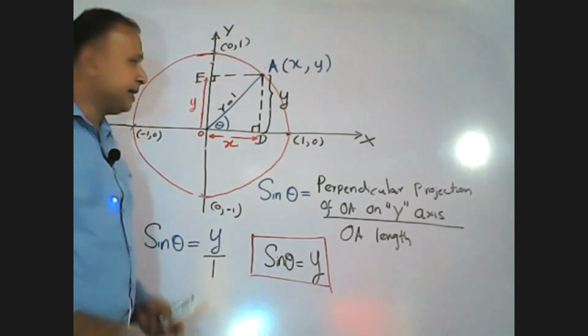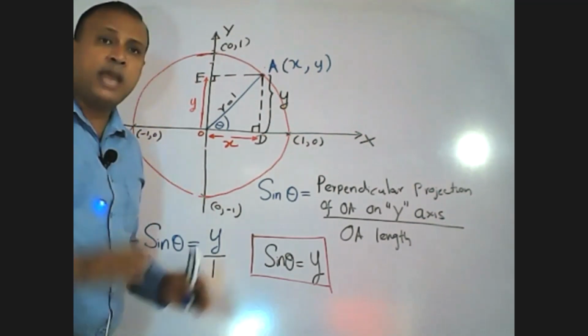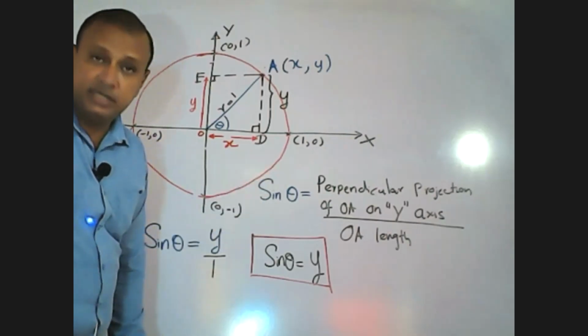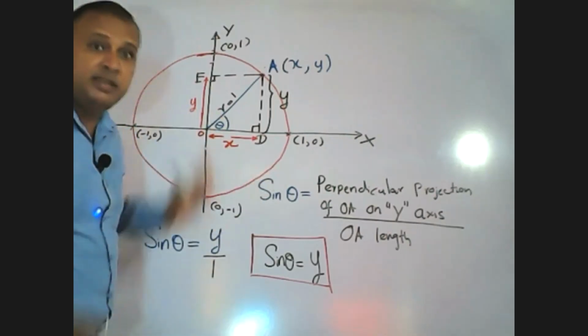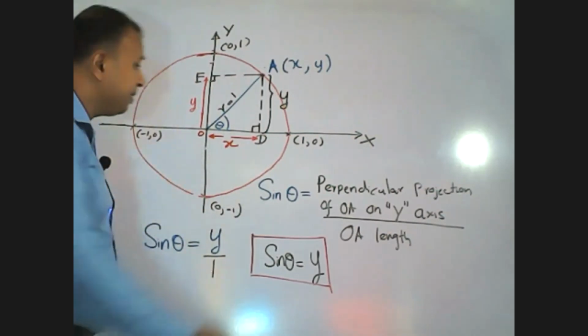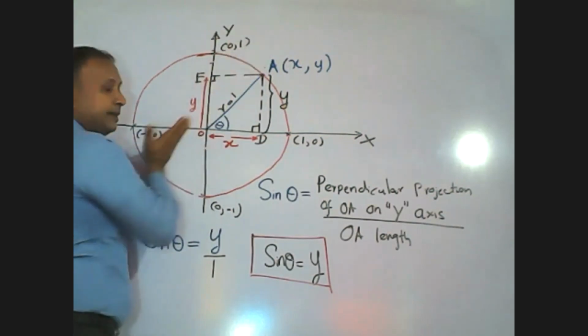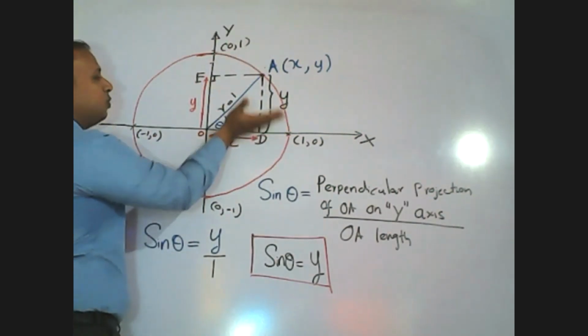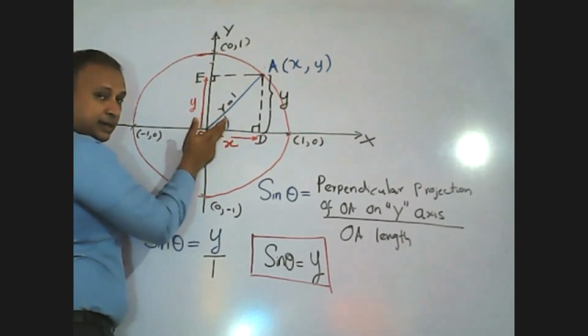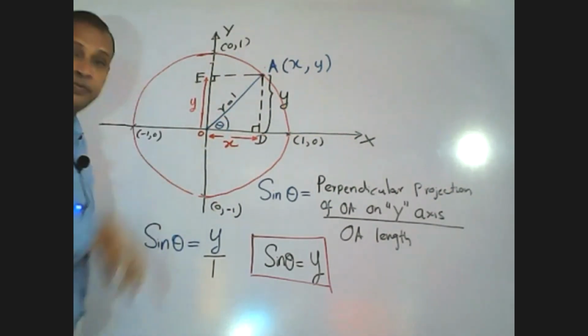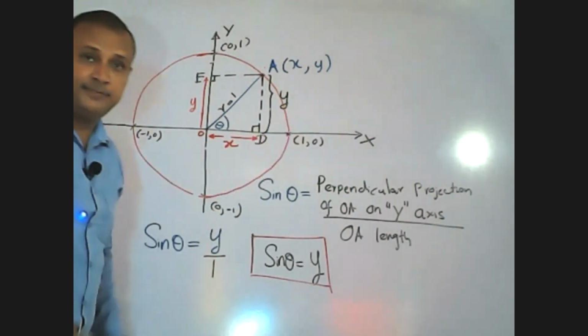So now we are going to define the sine theta value using the unit circle. In this case, I assume this OA line segment has rotated by angle theta with respect to the OX axis.